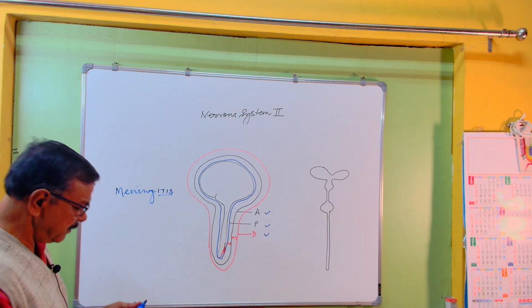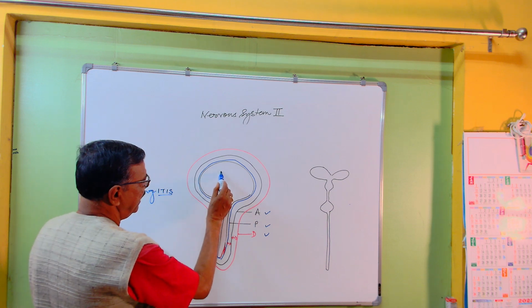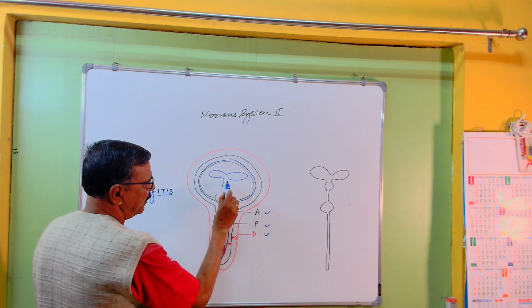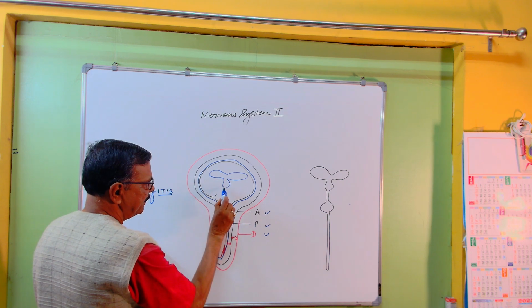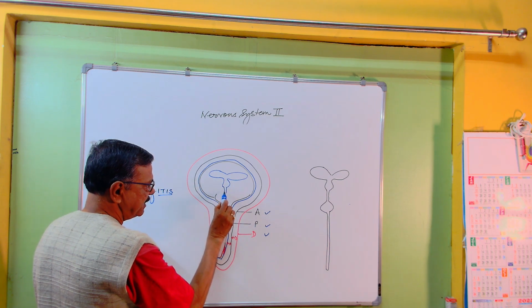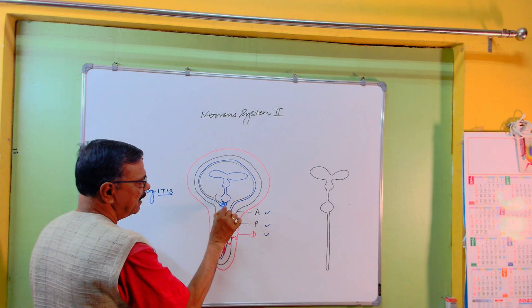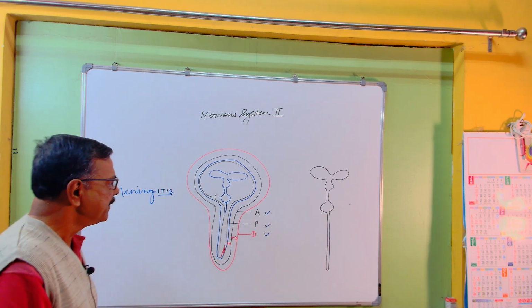Now we have come across that there are two lateral ventricles which join with the third ventricle. The third ventricle continues as the aqueduct of Sylvius, and then the fourth ventricle continues as the spinal cord. Clear?